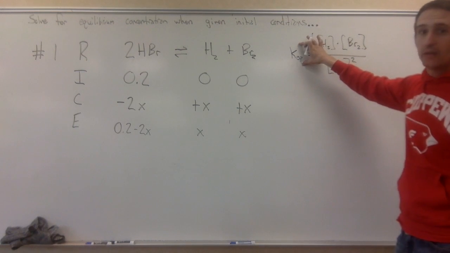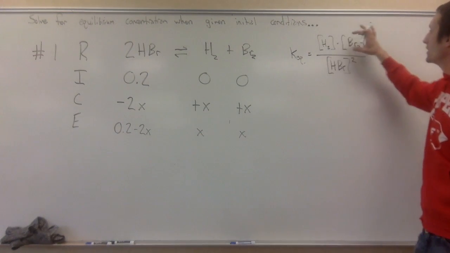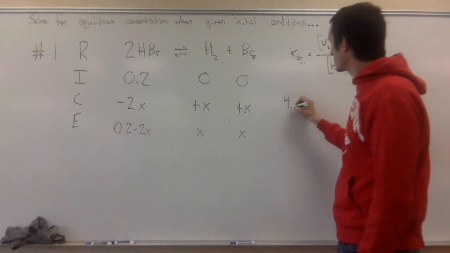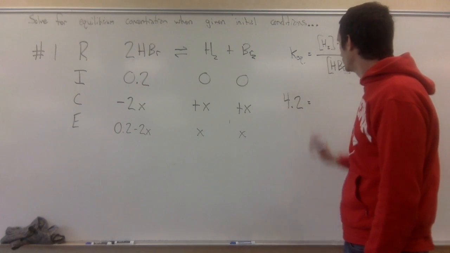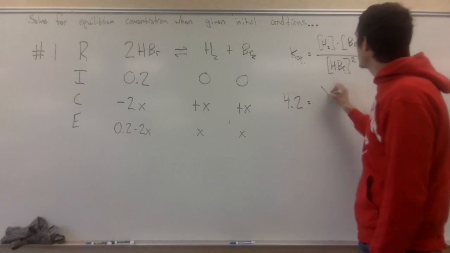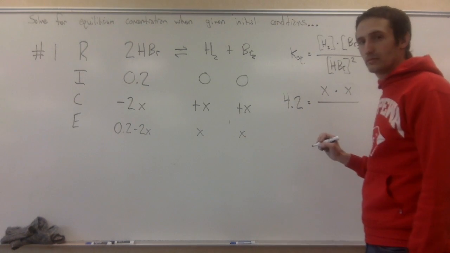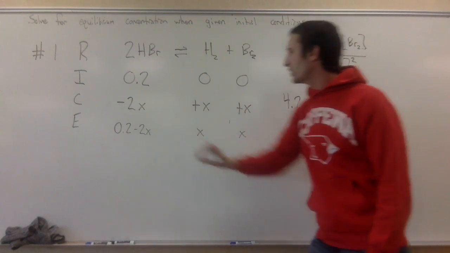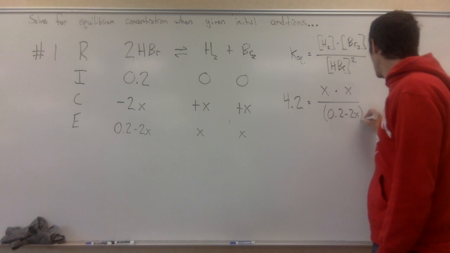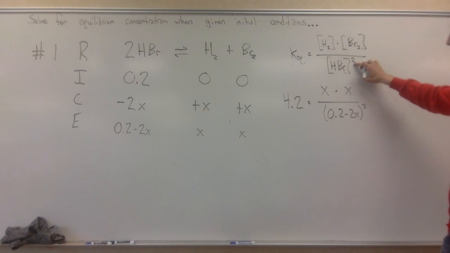I know the value of KEQ, and I also have variables that I can plug in for each of these terms. So let's do that. KEQ is equal to 4.2, and that was given in the problem. We've got H2 is X times Br2 is X, and the HBr is 0.2 minus 2x. Make sure you square it, right? We had to square it in the KEQ expression.